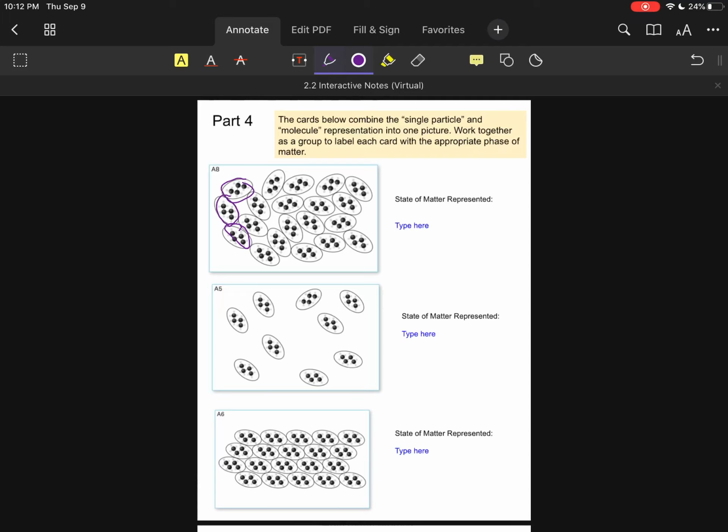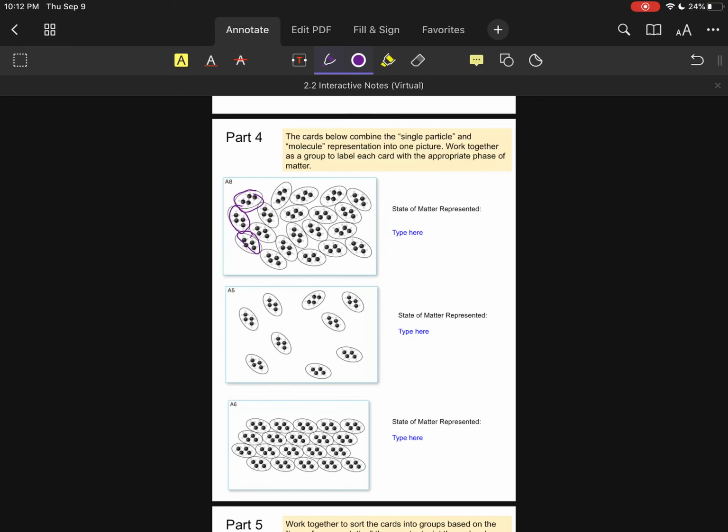So just to review our states of matter, even though we're talking about the actual atoms of a molecule, we can see that these particle diagrams that we've been drawing are essentially what you've been drawing as molecules. So this right here looks, hopefully you said, like a liquid.